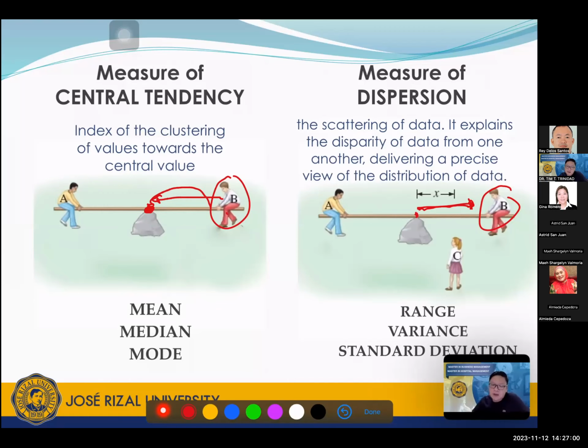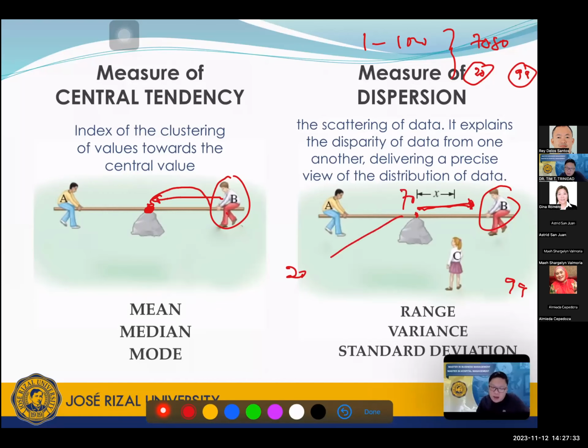Like for example, nag-exam kayo 1 to 100. So karamihan sa inyo nag-gravitate sa 70 to 80 ang grades. Tapos may isa sa inyong nakakuha ng 20. Tapos may nakakuha ng 99. Okay? So these are the things that we are looking at in a measure of dispersion. So how far are your 20 and your 99 from the usual center, which is 70?